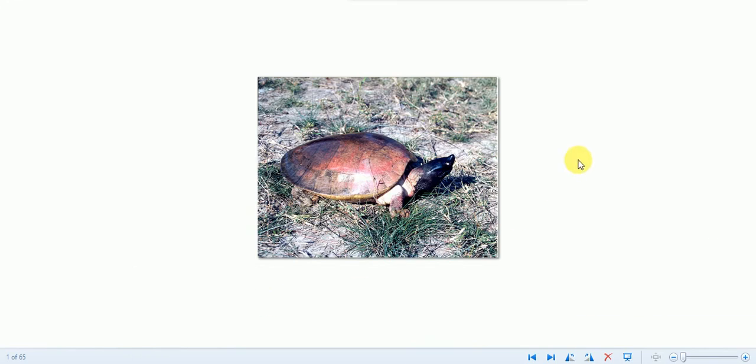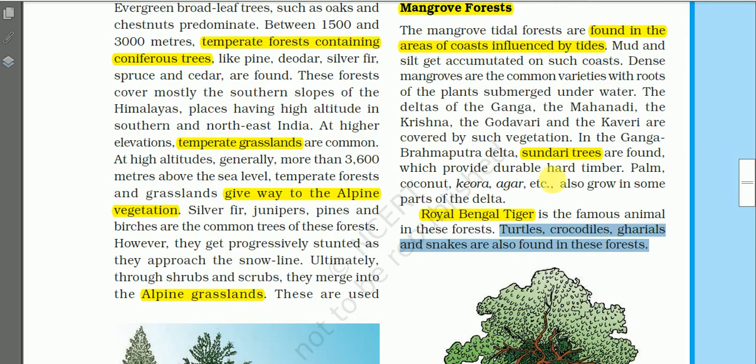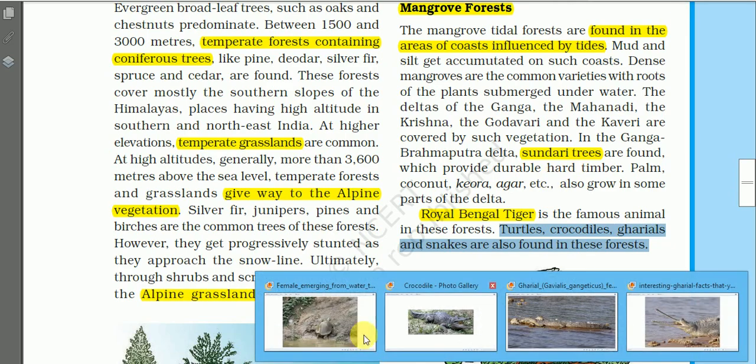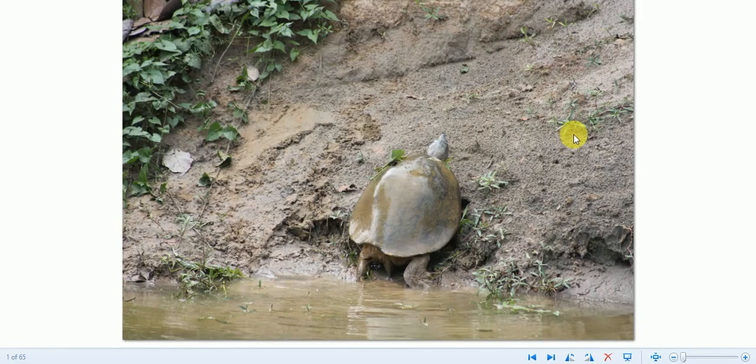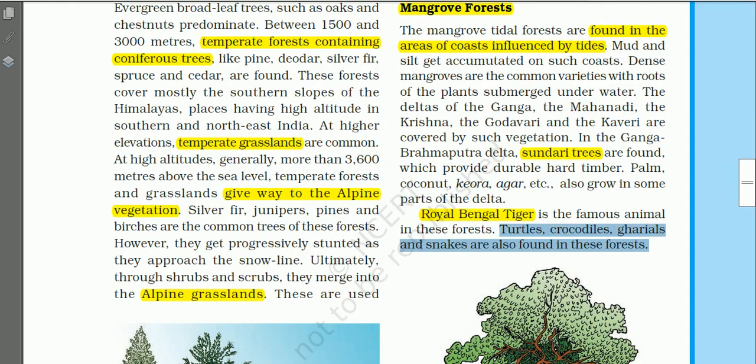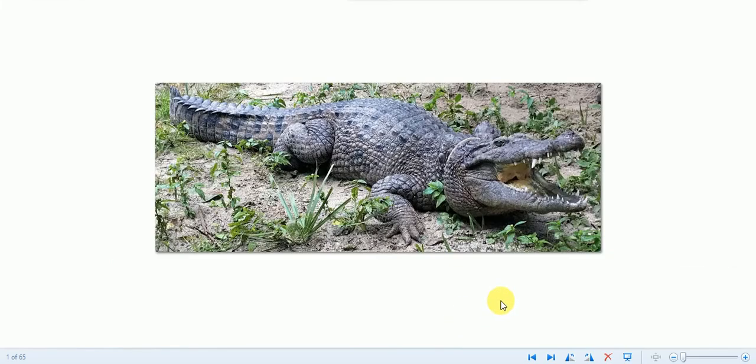Here in the Sundarban, in the salt water we find turtle. This is a photograph of turtle found in the Sundarban. And this is another photograph in the Sundarban Delta. And this is a photograph showing crocodile. Do you know the difference between crocodile and gharial? Just see carefully, this area, the jaw.